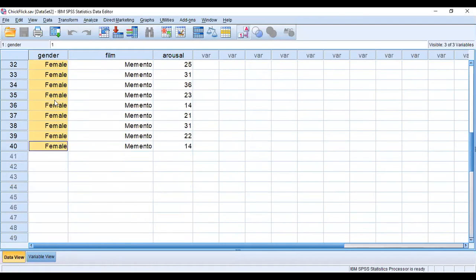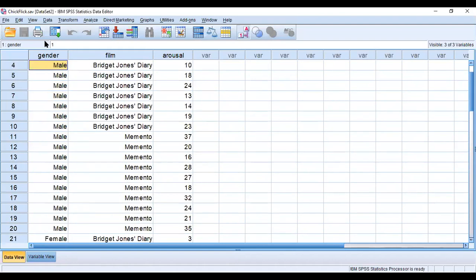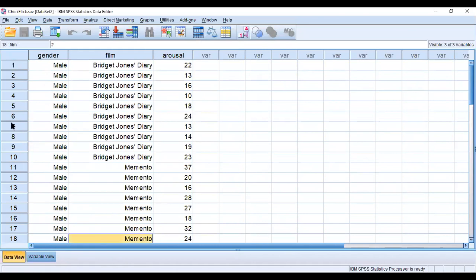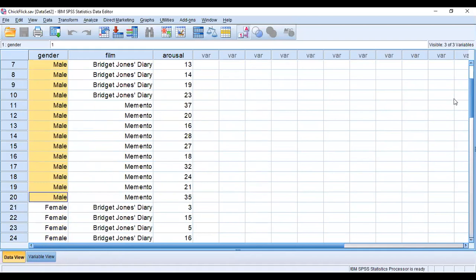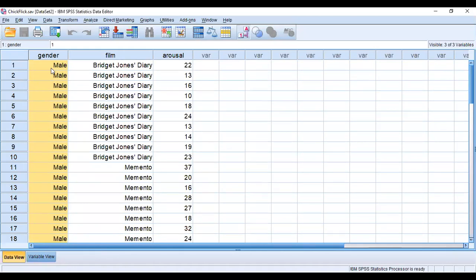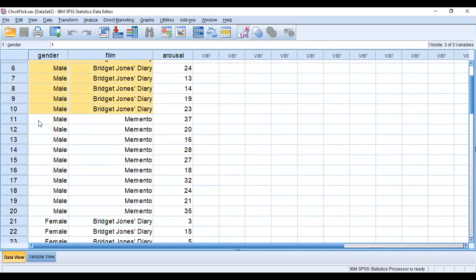Total number of participants is 40, 20 male and 20 female. Of the 20 male participants, we offered 10 to watch Bridget Jones' Diary, and another 10 to watch the Memento movie.